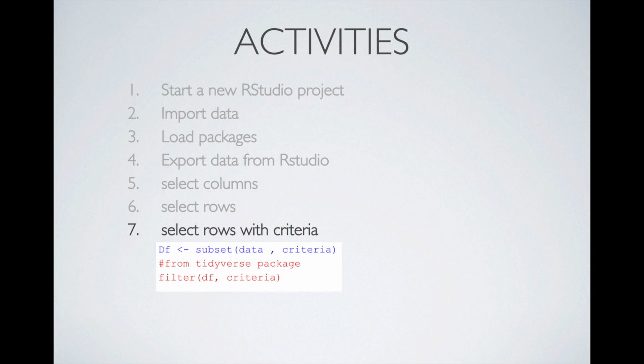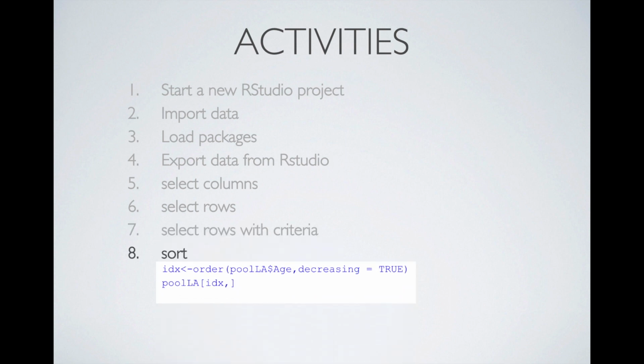So next, let's look at how we can sort data. Here is a two-step approach. And first we need to define which particular column we'll be using to sort our data. And we use the function called order. So we order it by pool age. So the dollar sign is actually indicating it's a column followed by the column name.